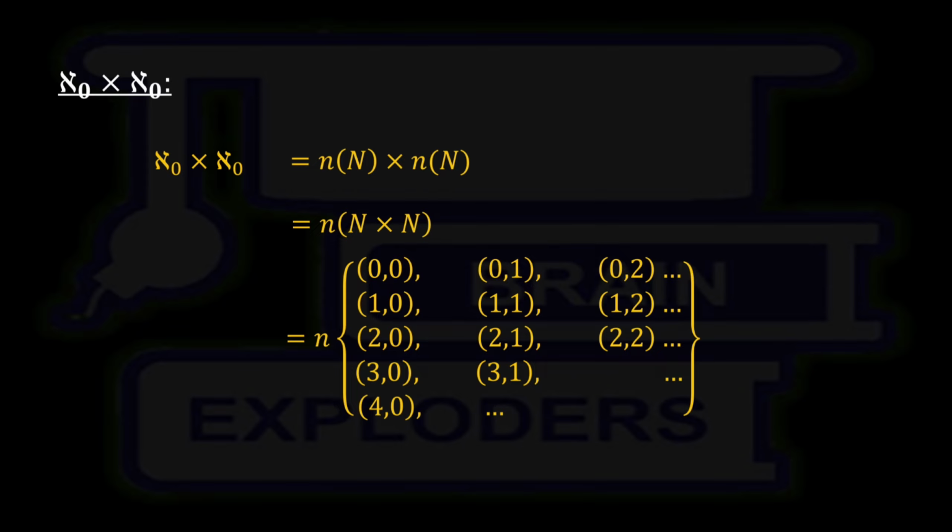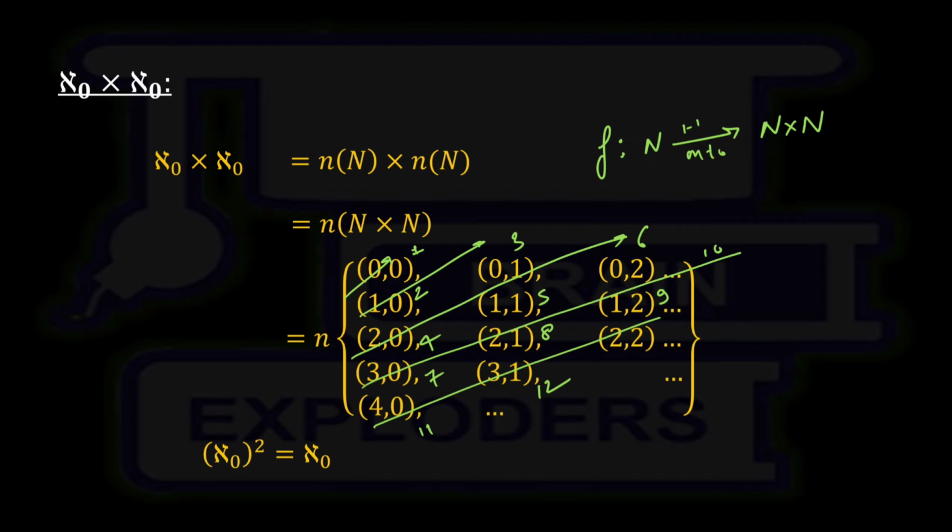So you can see that we can define a one-one onto map from natural numbers to N cross N, and therefore their cardinality is the same. So aleph naught squared is again equal to aleph naught. Interesting, right?